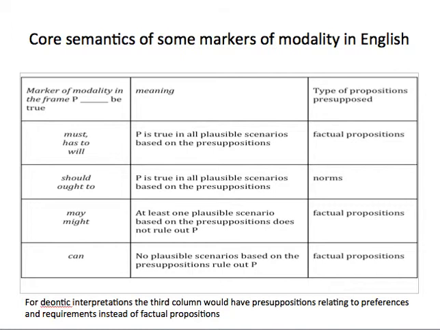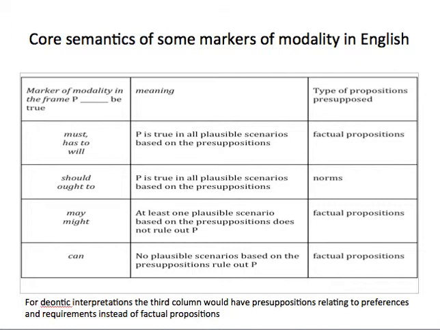So the particular inference you're going to make is true in all plausible scenarios based upon the factual presuppositions. Mrs. Jones has her mail, therefore the mail carrier must be on time, and that is true in all plausible scenarios.